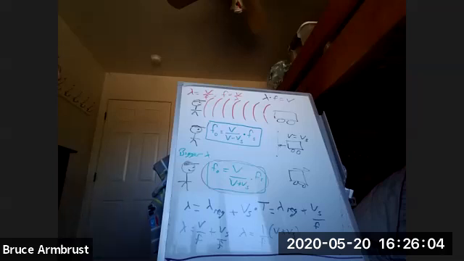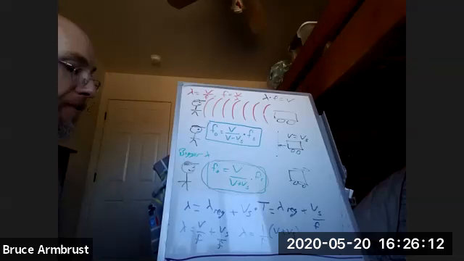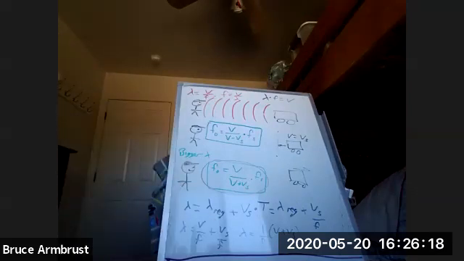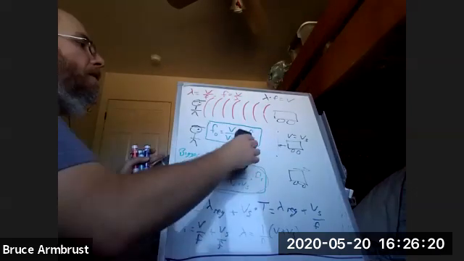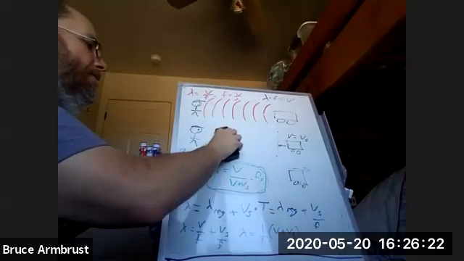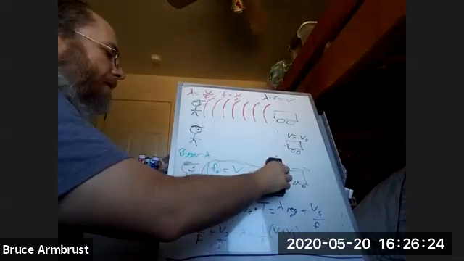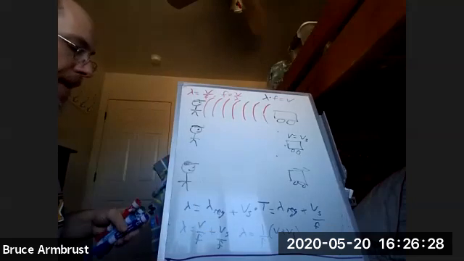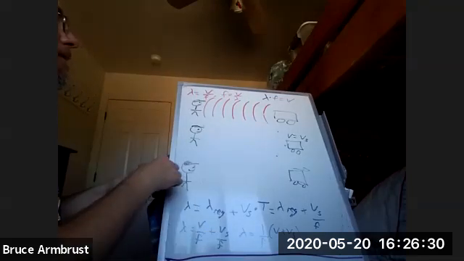All right, so this was stationary observer and moving source. But it turns out that you can also get the Doppler effect if the source is stationary and the observer is moving. So we're going to use the same kind of picture here, but this time we're going to have us be the ones moving.